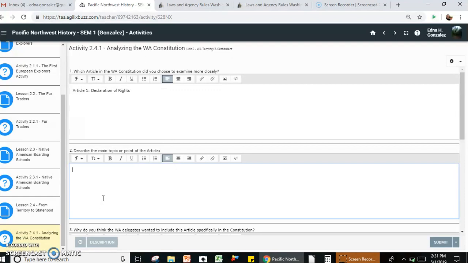Then you're going to describe the main topic or point of the article. That is up to you, what you think the main topic or point of the article is. I'm just going to write something about how it's discussing what rights citizens of Washington have. And let me write that now.